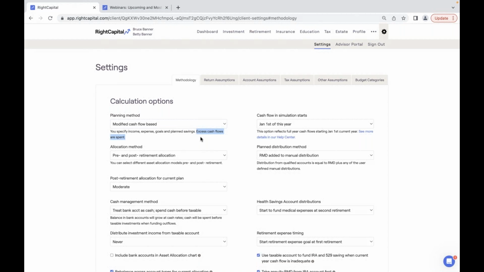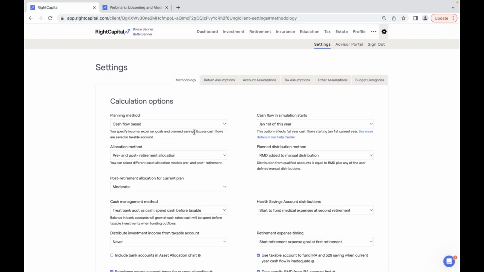Now, again, depending on the client, depending on the level of knowledge you have about their expenses, you might choose one or the other. Or you might just assume, let's err on the side of caution, let's under promise and over deliver and just assume everything else is spent off other than what they're telling me. But these will have big impacts on both the visuals we see as well as the actual financial plan itself.